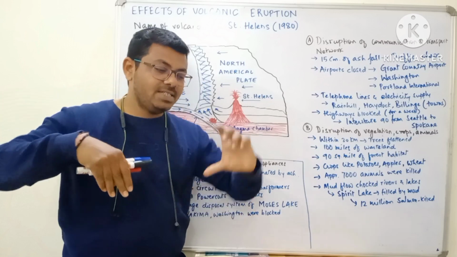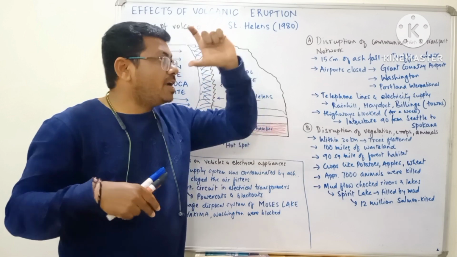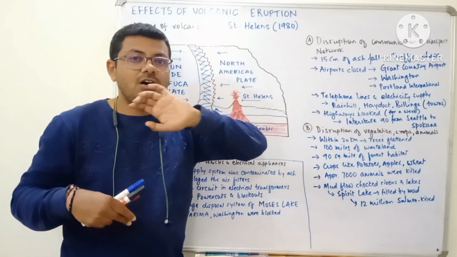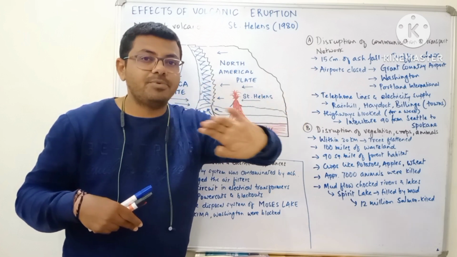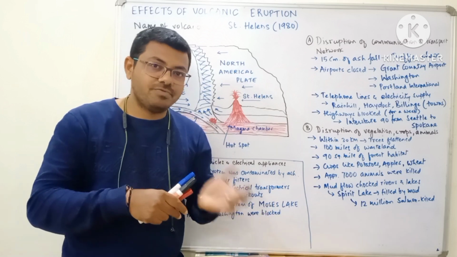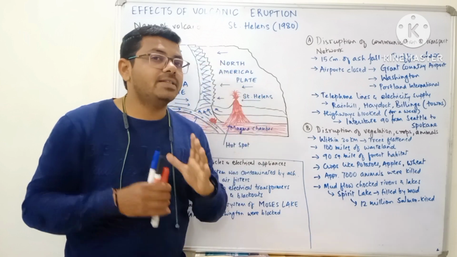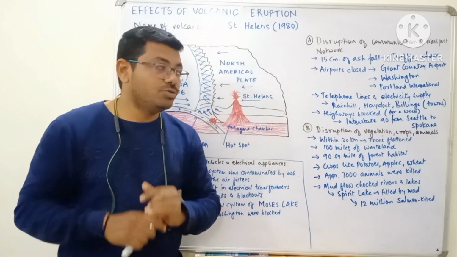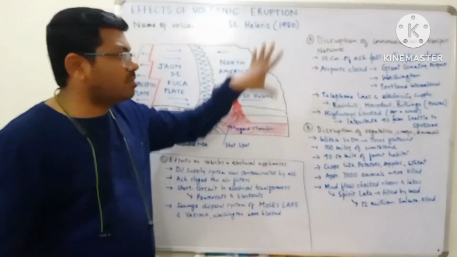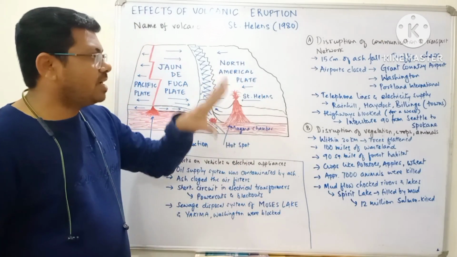There was a layer of 15 centimeters of ash, and due to that, a lot of traffic, highways and airports were blocked. Flights were cancelled, and highways had ash dumps, so highways were also not used. So the first one is disruption of communication and transport network, because 15 centimeters of ash fall was registered in the region.